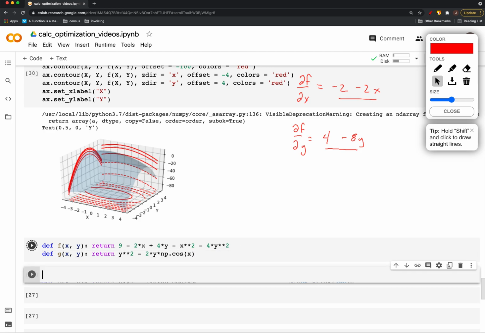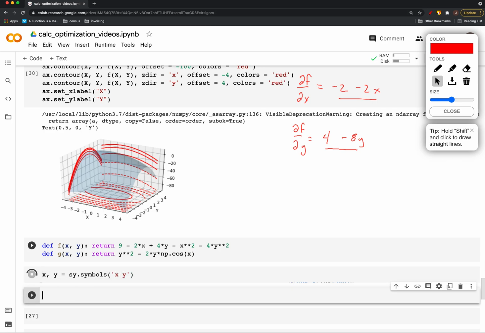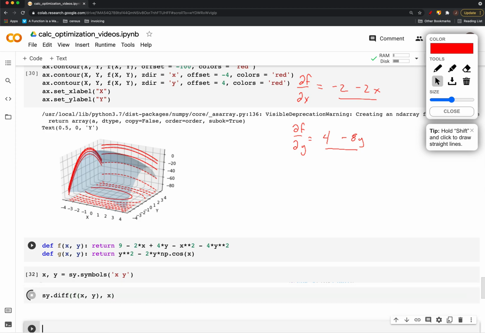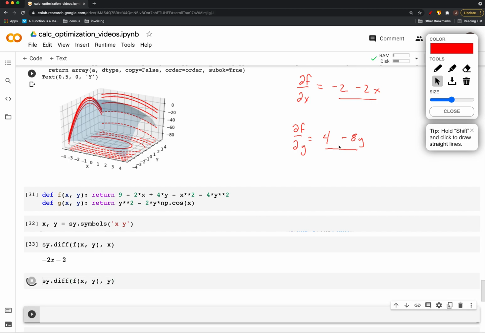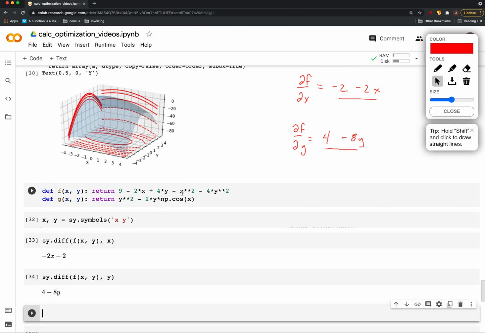We'll then define symbols x and y. And then I can take a derivative of f of x, y with respect to x, and I get negative 2 minus 2x, same thing as here. I could also take the derivative of f of x, y with respect to y, and I get 4 minus 8y.